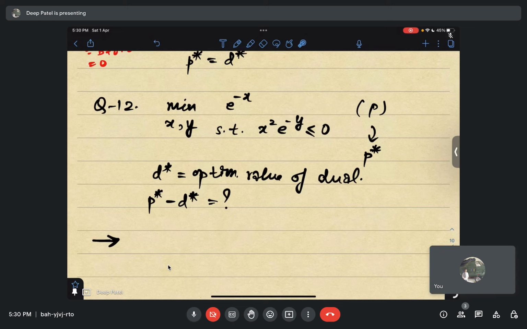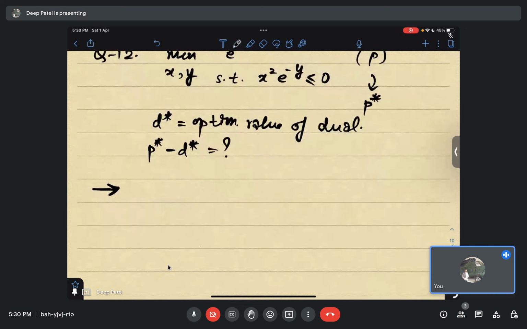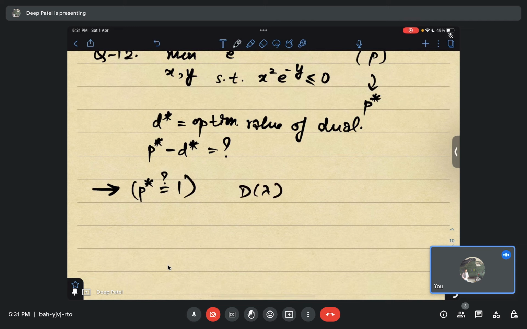Yeah, the minimum value will be 1. Okay, so we have some guess right now. For now we are just saying that maybe P star is 1. We'll come back to this. We'll just focus on the dual right now. There's only one constraint, and there are two variables.